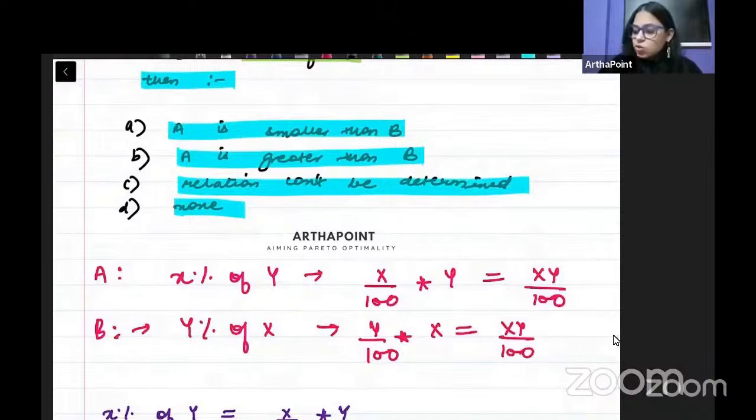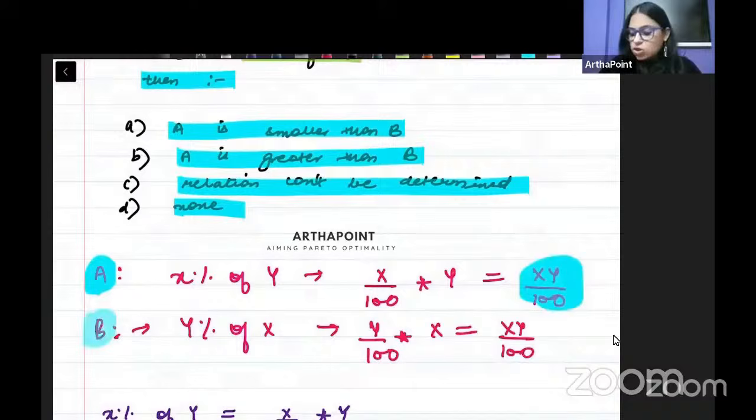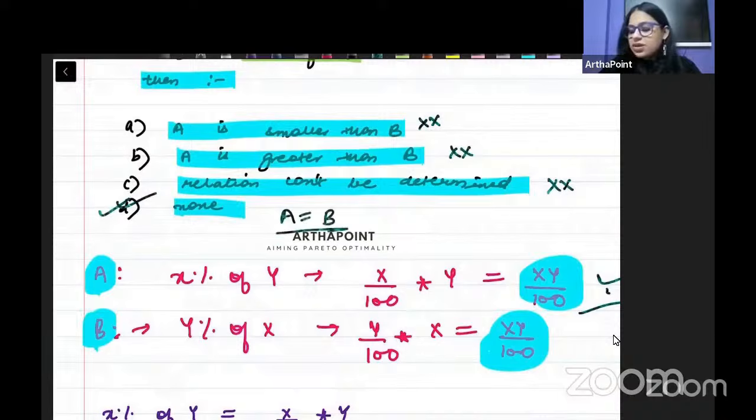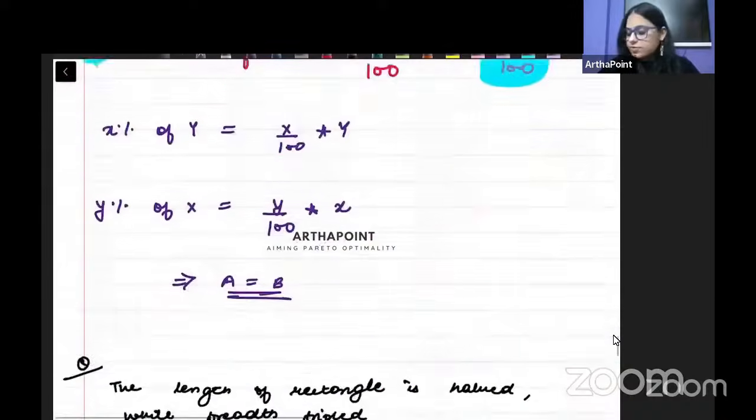So if I just notice, A is xy by 100 and B is also xy by 100. So both of the numbers are the same, na? So this is incorrect: A is smaller than B. This is also incorrect: A greater than B. This is also incorrect: the relationship cannot be determined. This is correct: none of the above. Because we know that A and B are equal to each other.